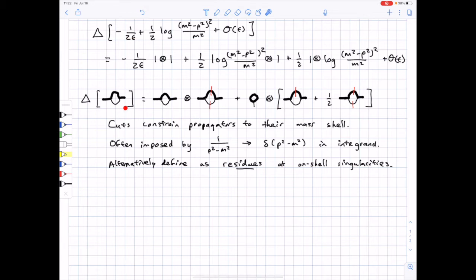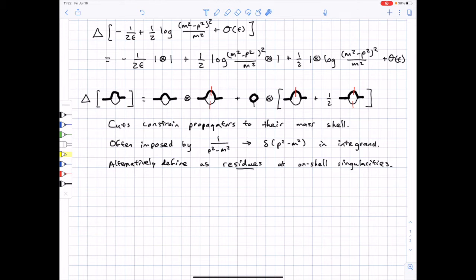Moreover, even if you start with a finite integral on the left-hand side, which we didn't in this case, these related integrals, whether they have fewer propagators or additional cut lines, can introduce divergences, and so you need a regularization that will allow them to cancel, and we find that dimensional regularization works really well.